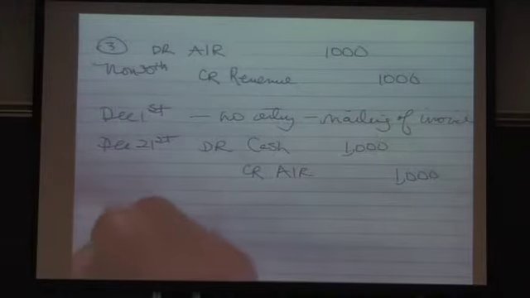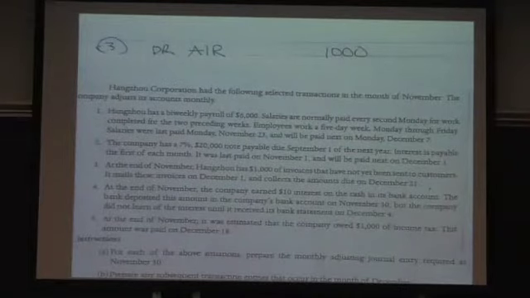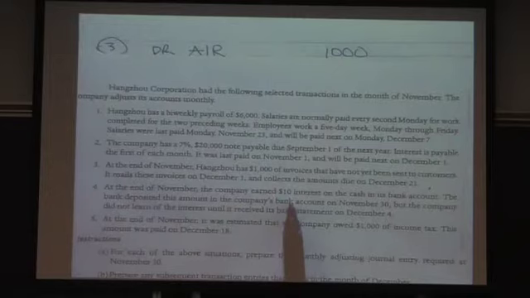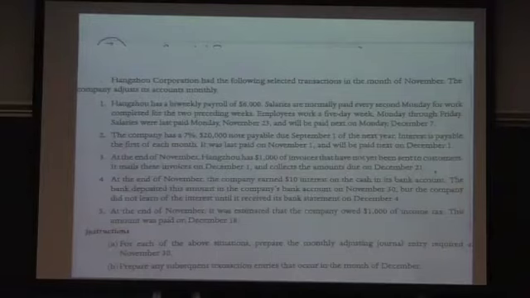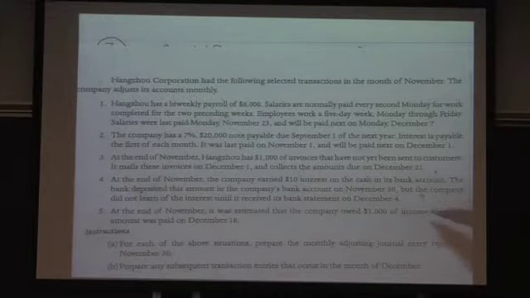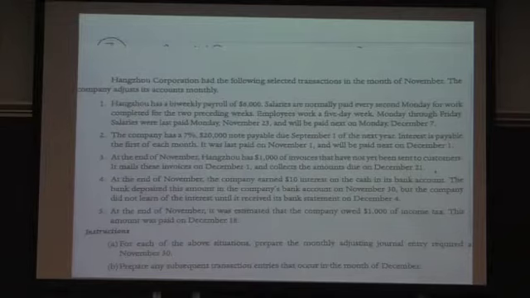Let's look at number 4. Number 4 says, as at the end of November, the company earned $10 of interest on cash in its bank account. The bank deposited this amount in the company's bank account November 30th, but the company did not learn of the interest until it receives the bank statement on December 4th. And that's typically what happens.